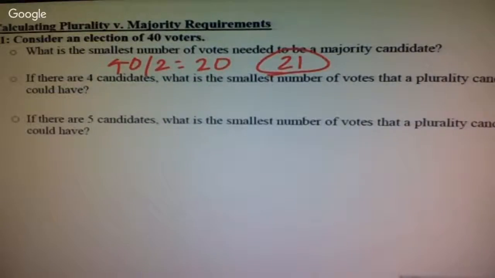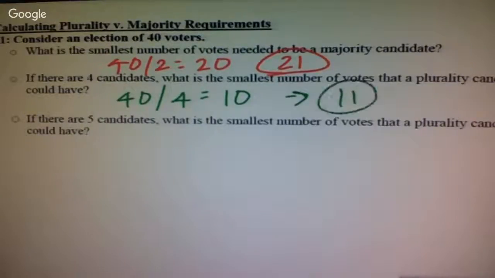So if I have 4 candidates and 40 voters, each of them could all tie with 10 votes. To give somebody that push to win, you would need 11, because once you hit 11, nobody can tie you. They can't all match you.